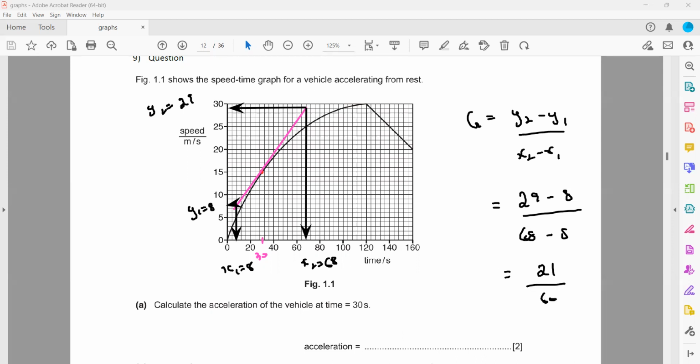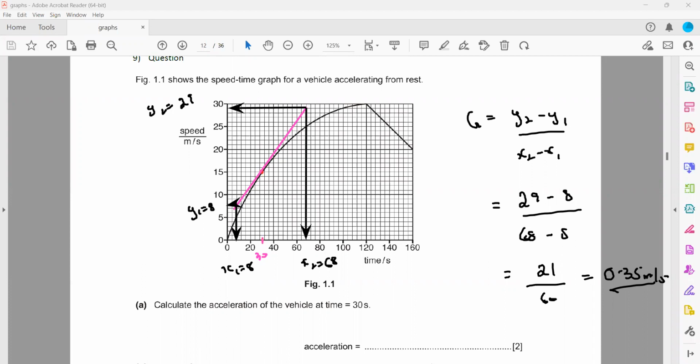So 21 divided by 60 is 0.35. The unit will be meters per second squared. These types of questions will have a range of answers whenever you have to draw a tangent. For this question, the range is from 0.3 to 0.45. So we are getting 0.35, not the maximum or minimum answer, but approximately an average of the two.